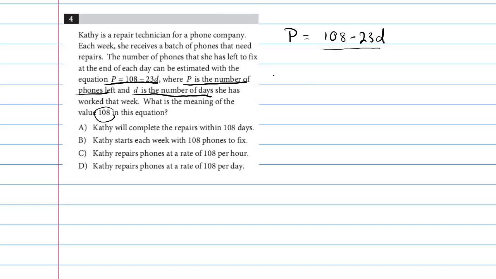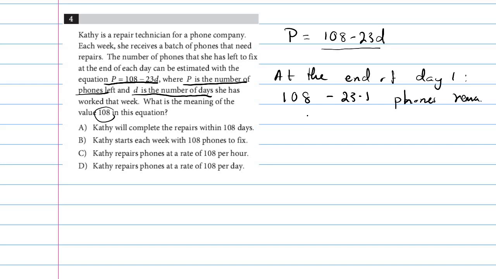For example, let's say at the end of day one, you have 108 minus 23 times 1 phones remaining, right? You can just calculate this.